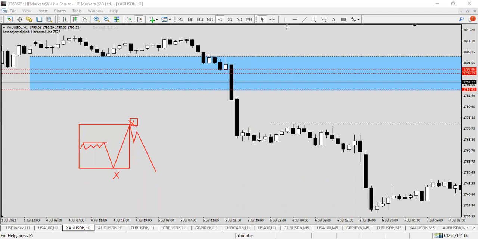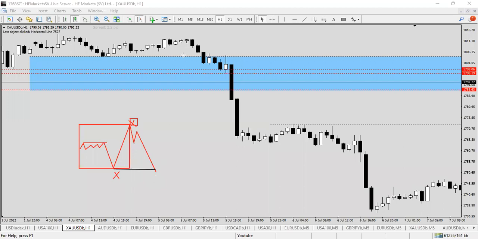But at this point in time, after we take this high, I get interested in seeing a market structure shift to go lower. When this happens, let's grab a different color. When this low gets raided, that must be significant for many reasons.